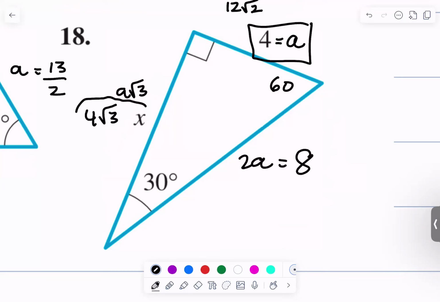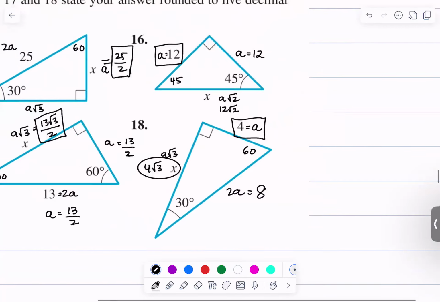So X would equal 4 square root of 3. Done. And that's just using the ratios. And this time next week, these problems will be easy because you guys will have memorized the ratios, right? Okay. Cool deal.